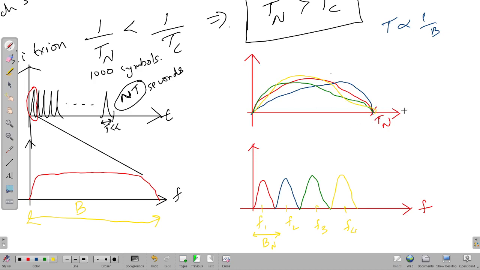This is time. What really happens here in multicarrier is that there you have short modulated pulses of very small time duration, but here you have a number of pulses with a longer duration, and they are transmitted at the same time.